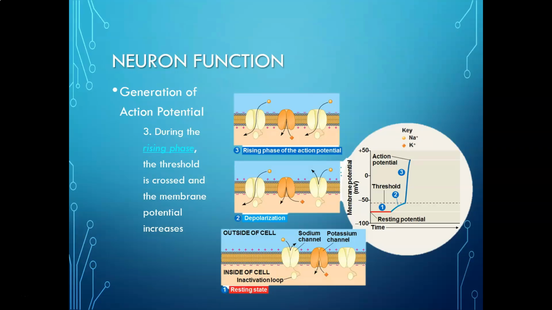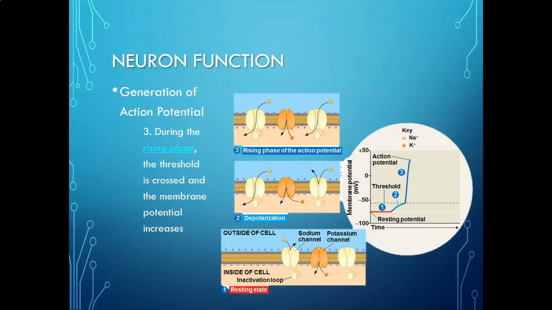So when I look at the action potential itself, I've crossed that threshold and I'm now in that rising phase. That rising phase is getting that differential of voltage on either side of that cell membrane to become closer to zero and even extend past it. So we're getting more and more positive in terms of the voltage potential.